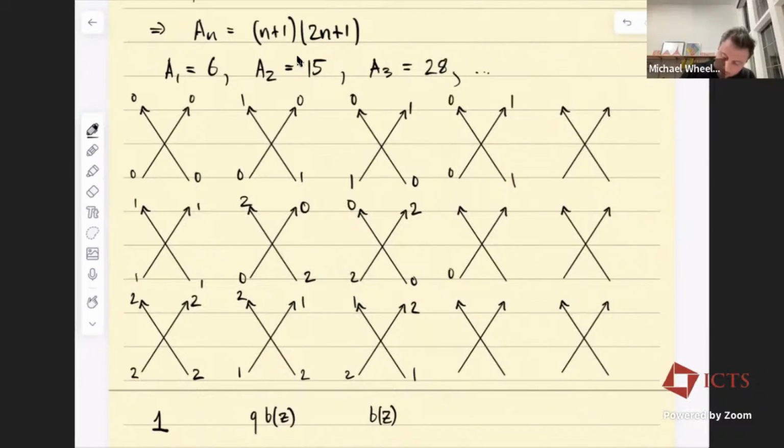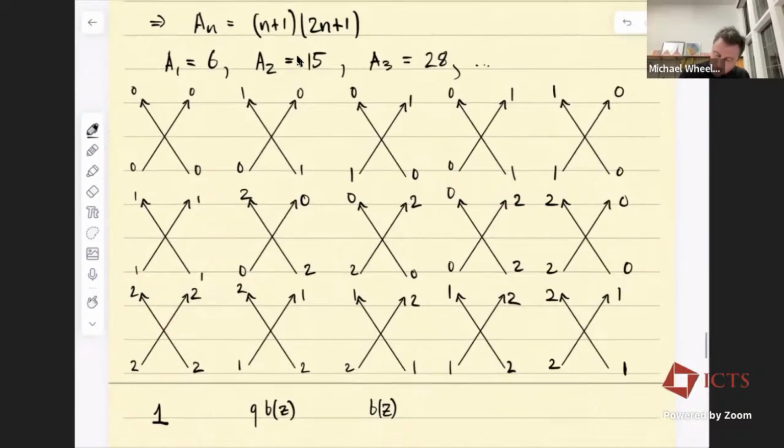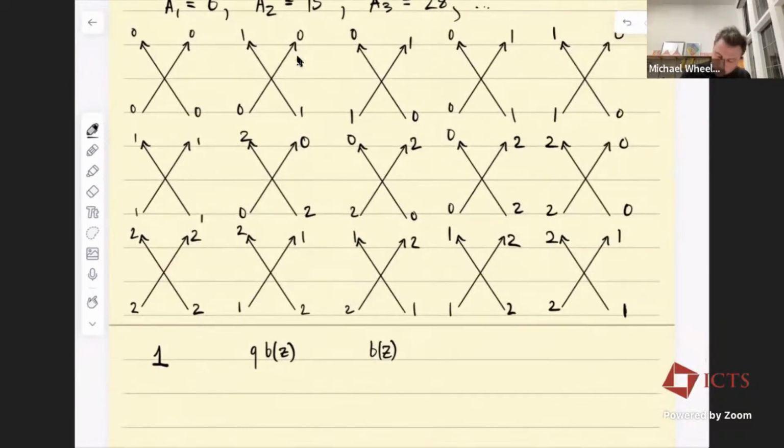And so I have these types, and then their mirror images. And the weights of those are going to be of the form 1 minus Q BZ, and 1 minus BZ.